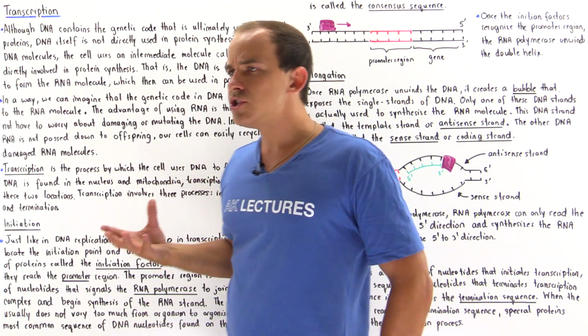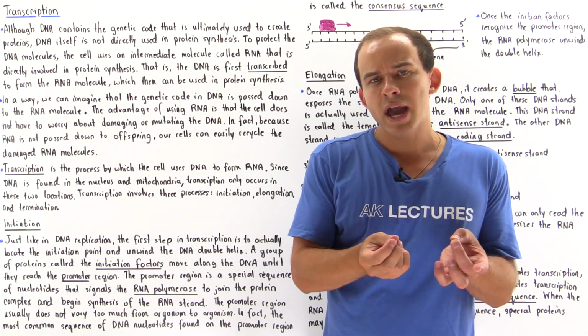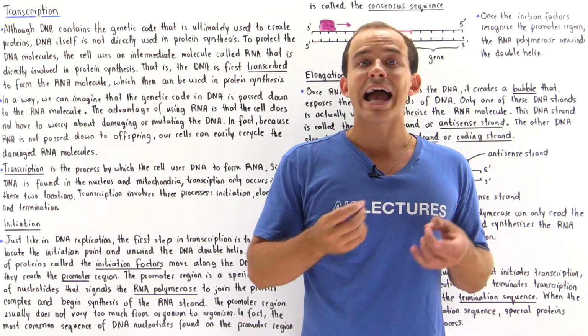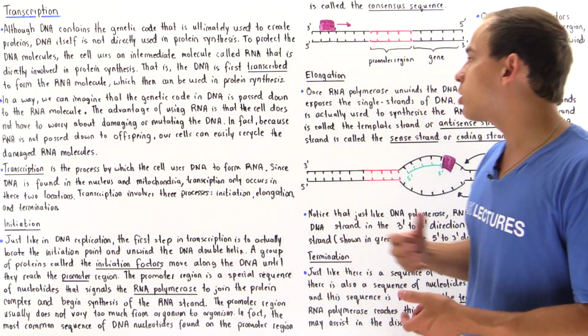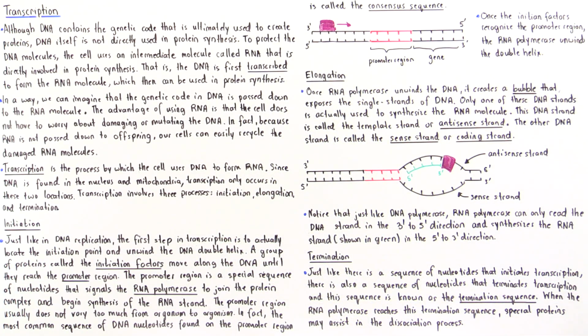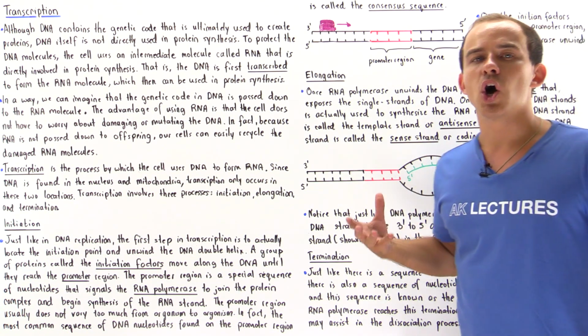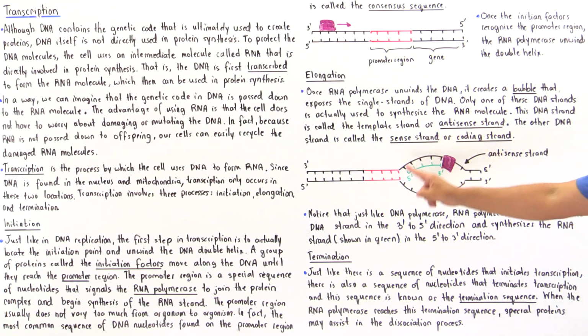So elongation is basically the process where our RNA polymerase actually synthesizes the RNA molecule. So once RNA polymerase unwinds the DNA, it creates a bubble that is commonly known as our transcription bubble that is shown in the following diagram.